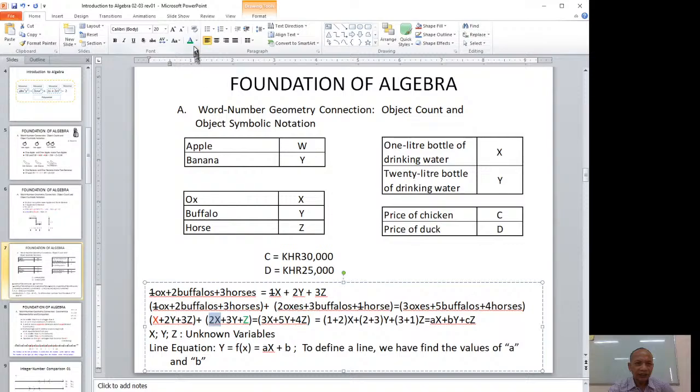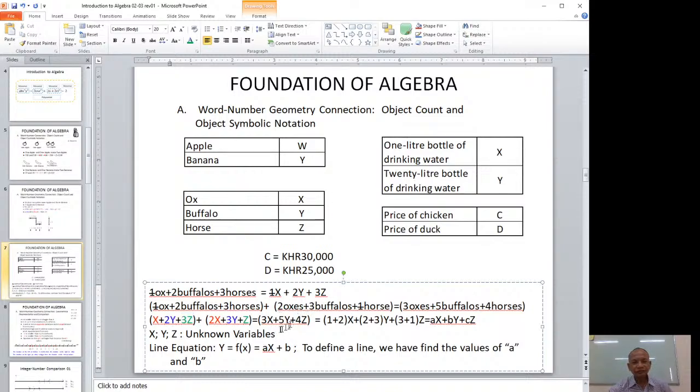So we have to collect the terms. Red plus red, blue plus blue. Blue is buffalo, red is ox, green is horse.